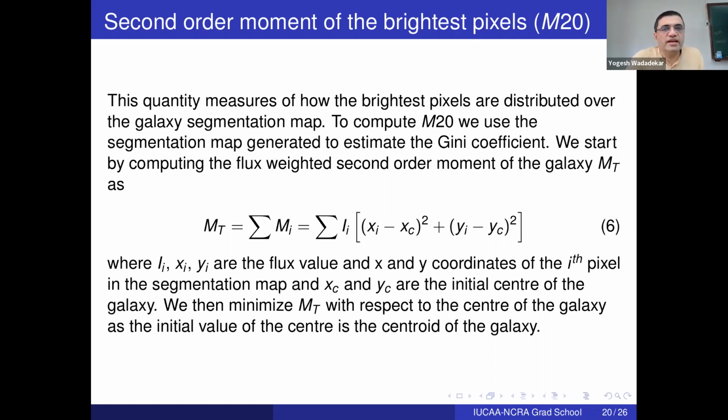Then we minimize MT with respect to the center of the galaxy, with the initial value of the center being the centroid. So you actually move the centroid around so that you minimize this second order moment. That process converges very quickly, and you get a new centroid and, of course, the lowest possible MP value.